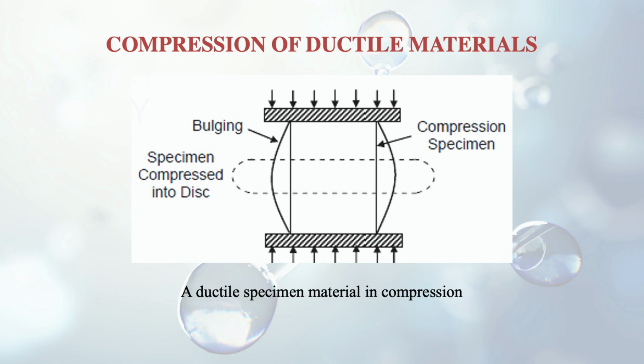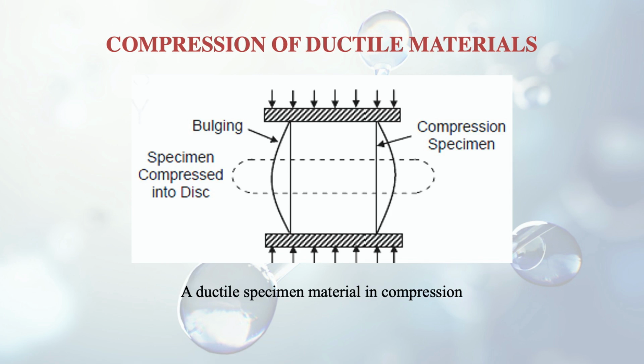Now you can see in the figure how it is happening. The compressive load is coming on this. There are two plates, one at the top and the other at the bottom, and the compressive load is acting, pushing it inwards. So at the ends where the plate is meeting the specimen, it tries to bulge.